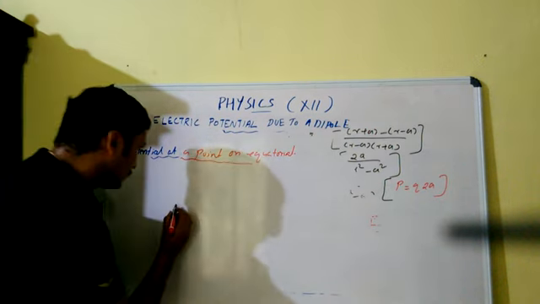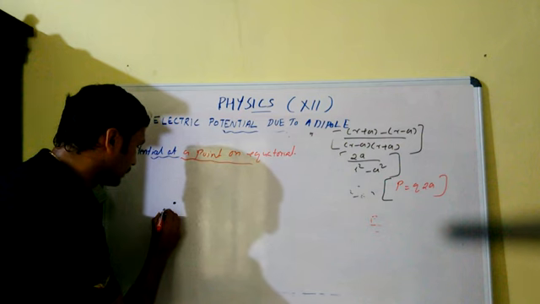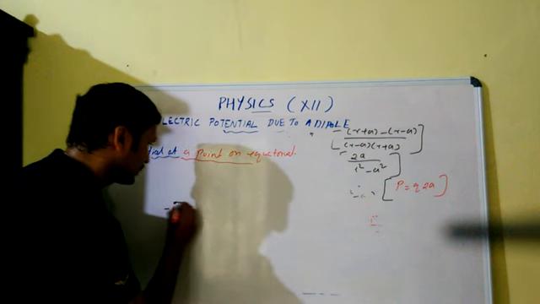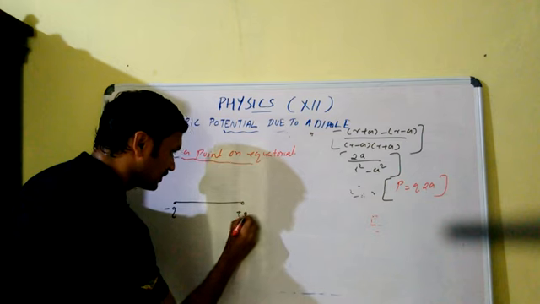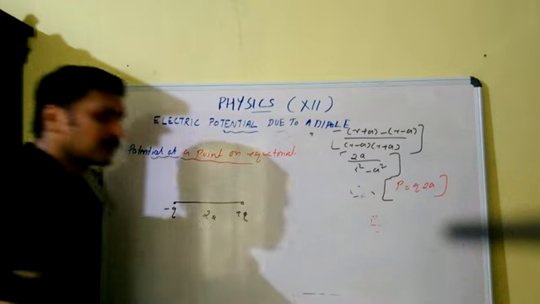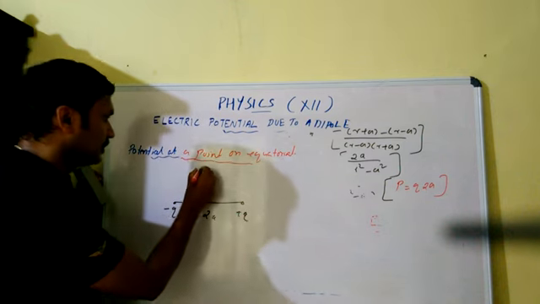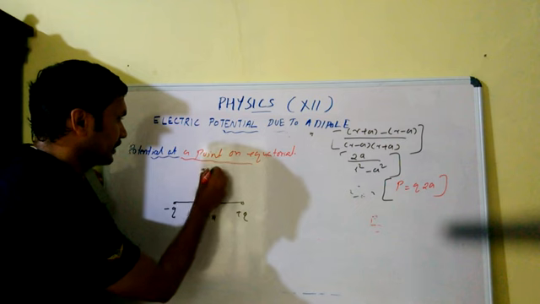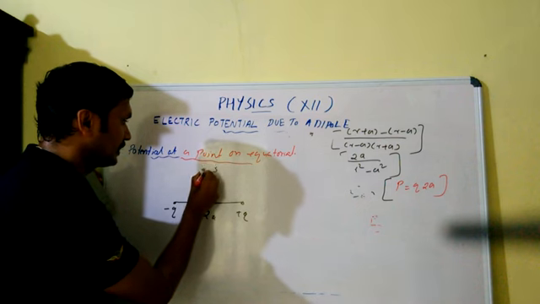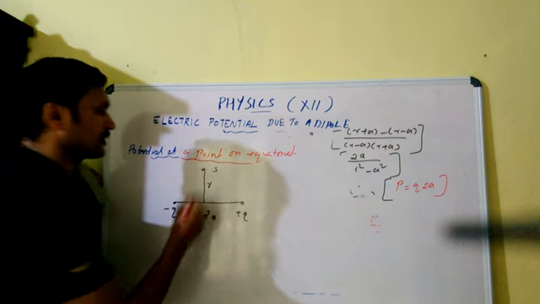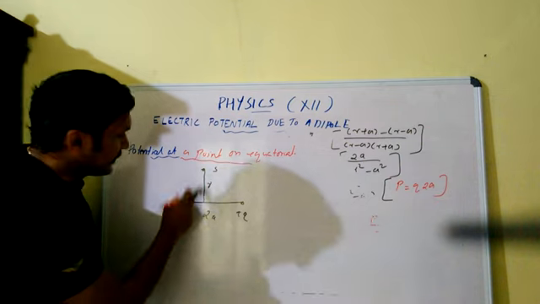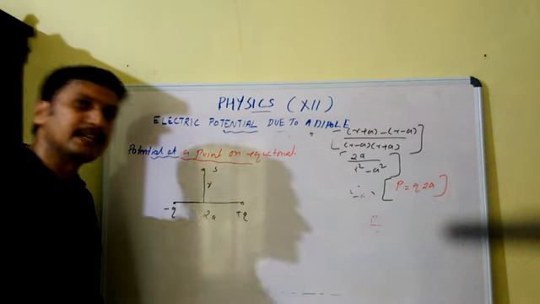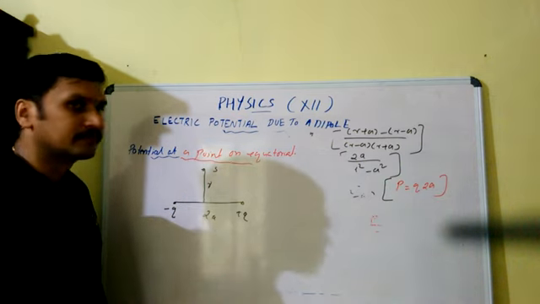So again, we have an electric dipole here. This is the negative charge, and this is the positive charge. Length of the dipole is 2a. Here, this is our point S, where we have to find the electric potential, at a distance r from the center of the dipole.